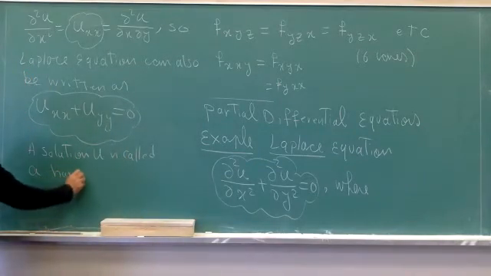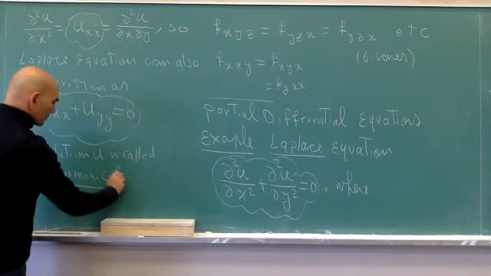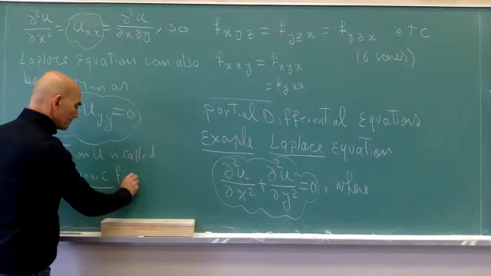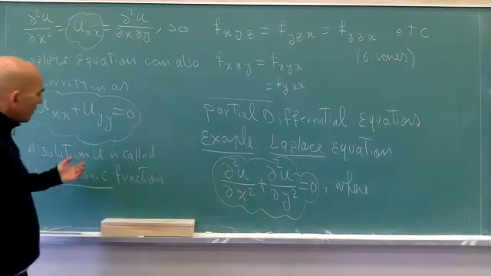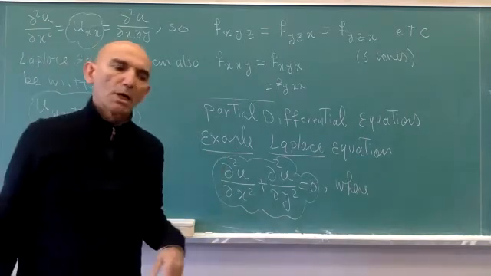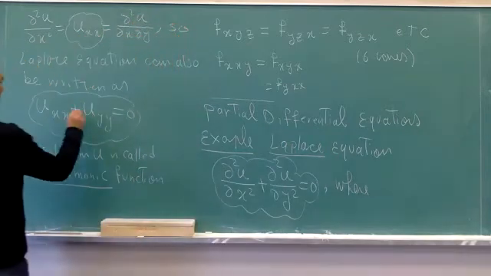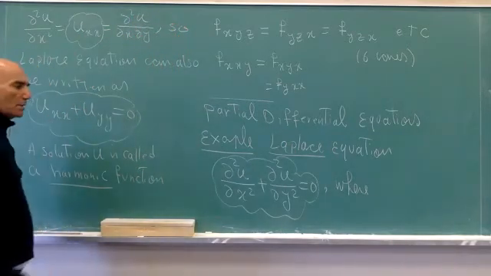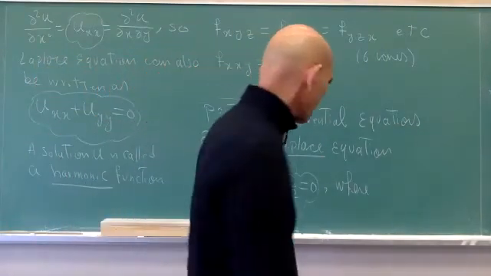That's a very important class of functions. In other words, a harmonic function is a function that's defined on some open set such that it satisfies the Laplace equation. In other words, the solution of the Laplace equation.